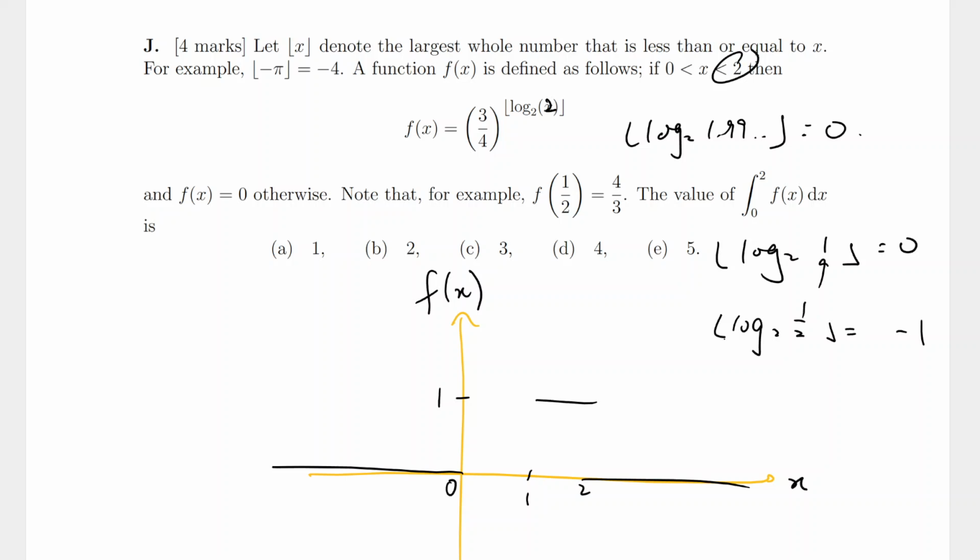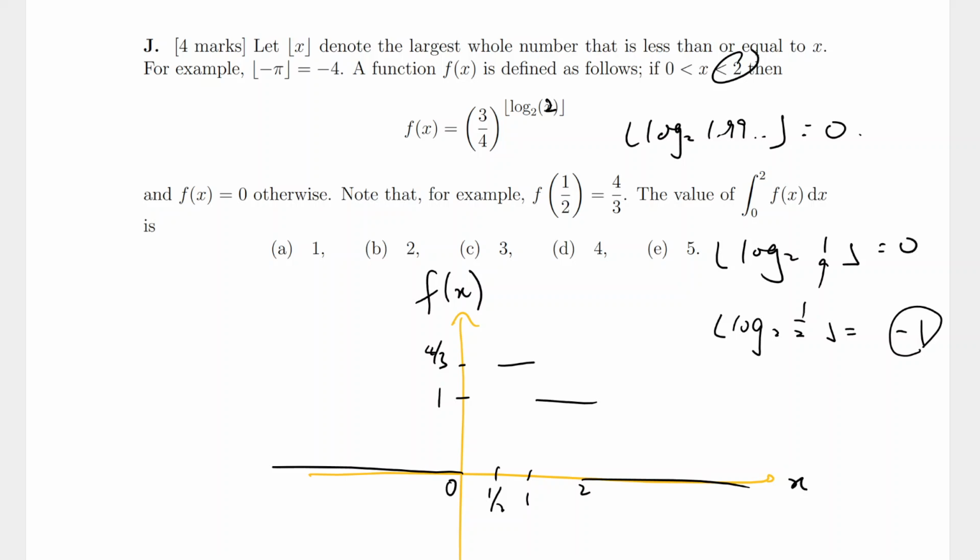3/4 to the negative 1 is 4/3. So this is 1/2, this is 4/3. Just for clarity, if you choose x between 1/2 and 1, then your floor must be negative 1, so 3/4 to negative 1 is 4/3.